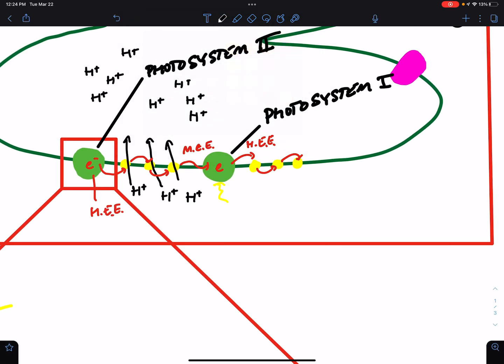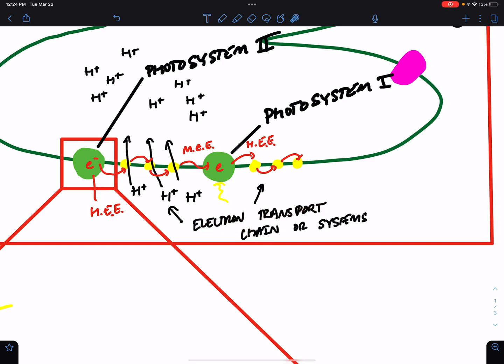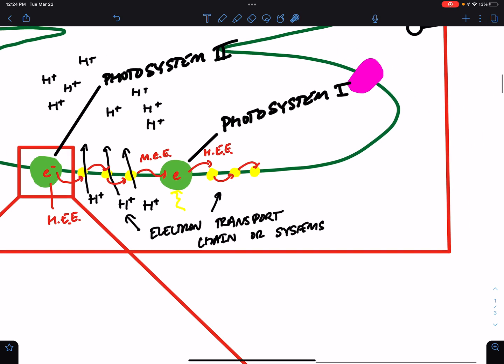So I'm going to say these two, both these yellow dot things symbolize electron transport chains or systems. So you'll hear these called electron transport chains. You'll also hear them called electron transport systems.